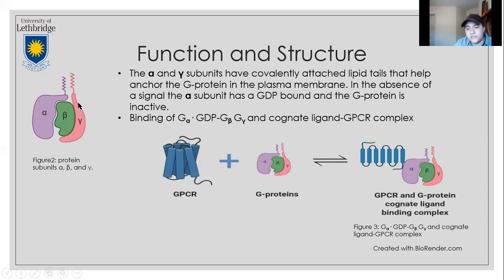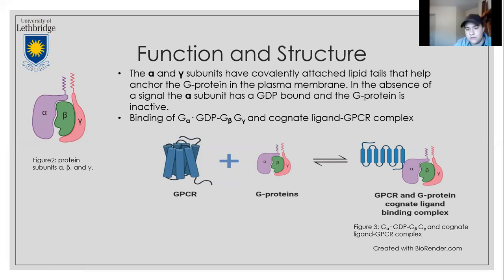One of the reasons this is important is because in the absence of a signal, the alpha subunit has a GDP molecule bound to it, and the G protein will be inactive.